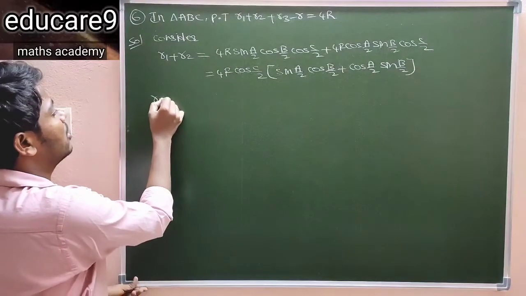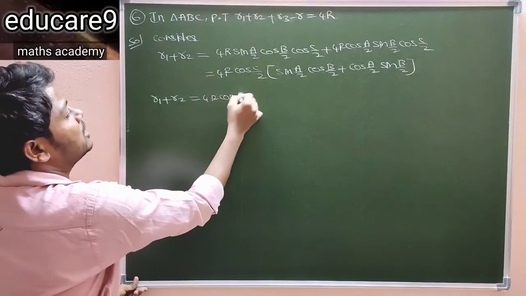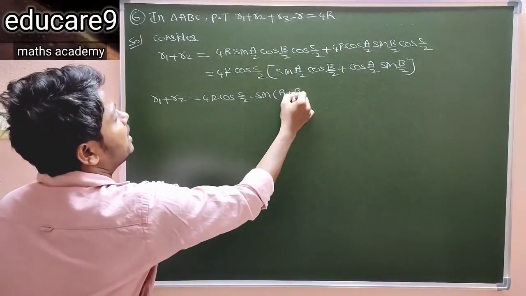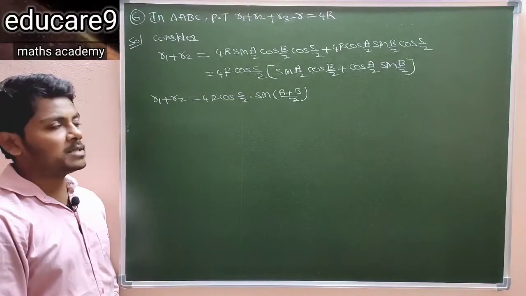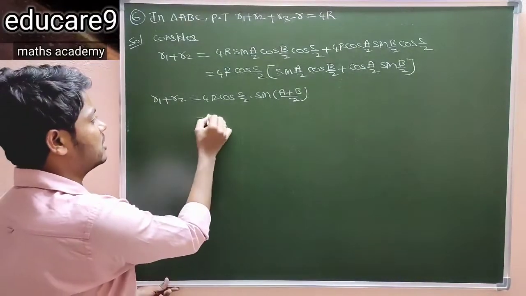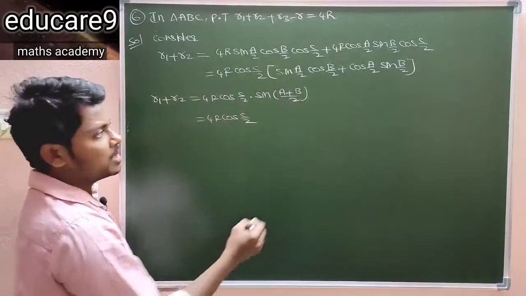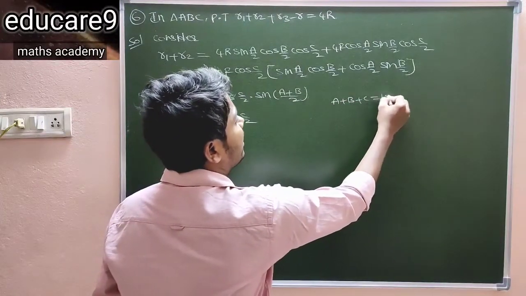So therefore R1 plus R2 is equal to what? 4R cos C by 2 into sin of A plus B by 2. So how to write A plus B by 2? See here, A plus B plus C is equal to 180.